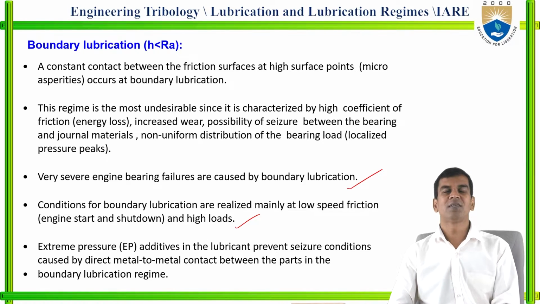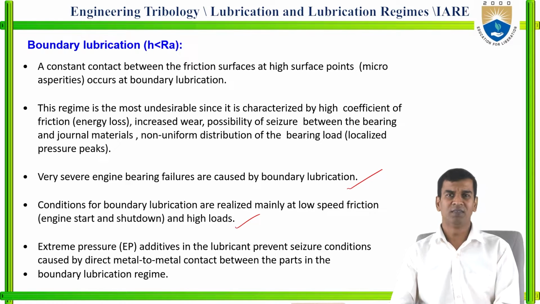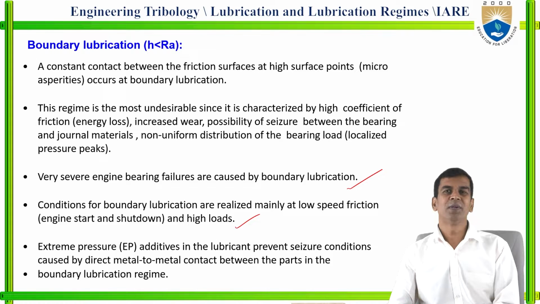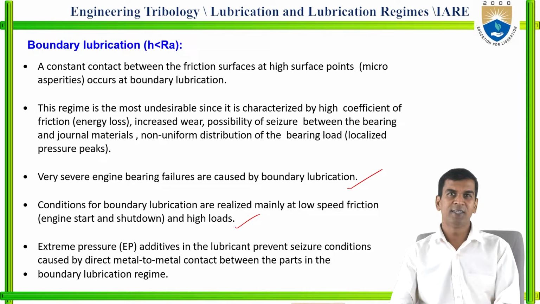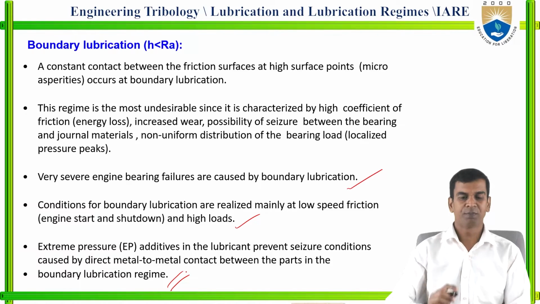Additives are particles added to the lubricant in order to get the desired properties. If you add an extreme pressure additive, it avoids metal to metal contact between the surfaces in contact.